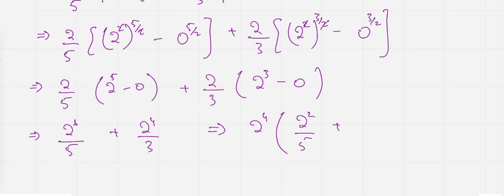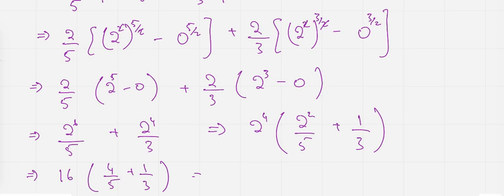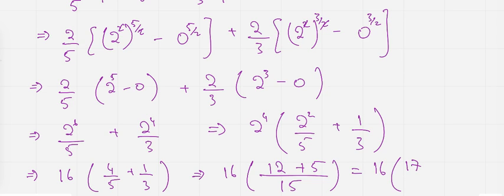Now I am directly going to apply my LCM work, and 2 power 4 is what? It is 16, yeah, and it is 4 by 5 plus 1 by 3, so 16 times it is 15, 12 plus 5, and it is giving me 16 into 17 upon 15.